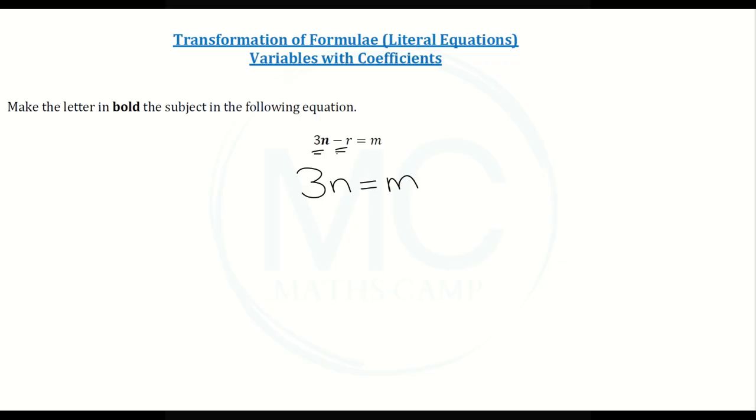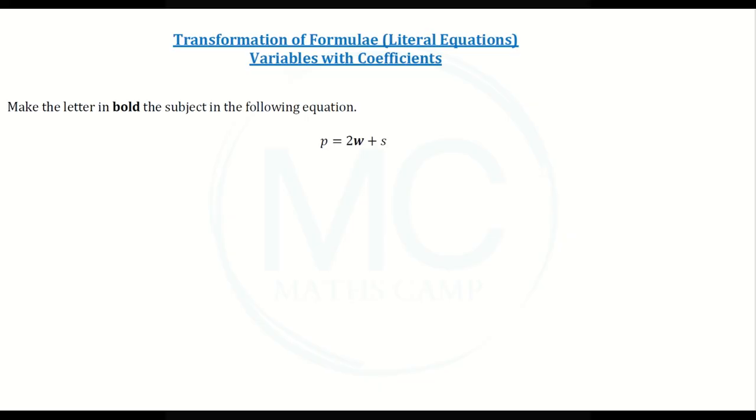We have negative r, so we're going to say plus r. Now we have 3 multiplied by n, so we have to divide both sides by 3. So I can say 3n over 3 and m plus r over 3. On the left, the 3's will cancel, and I have n. And on the right, I have m plus r all over 3. And now n is the subject of the formula.